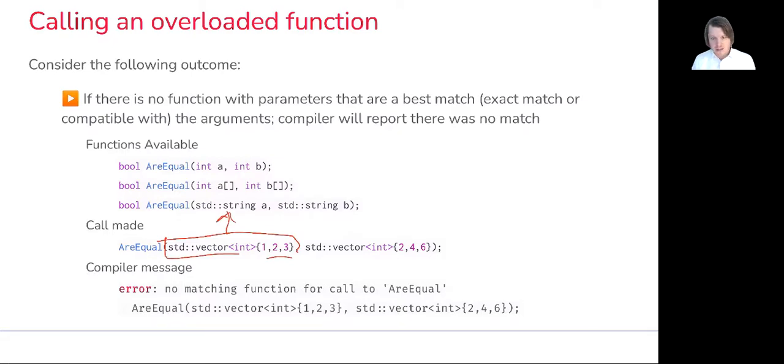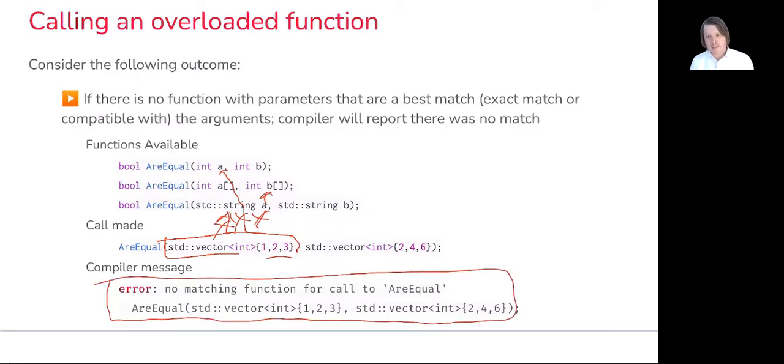No implicit conversion exists for it. Likewise, there's no implicit conversion from vector to an array of integers. Neither is there a conversion to a single integer object. So in this case, the compiler will complain and output a nice error message, which will say, error, there is no matching function call to r equal when the parameters are of the vector type.